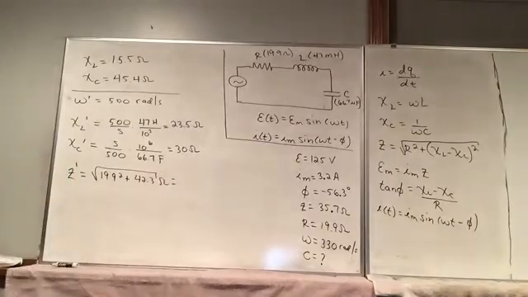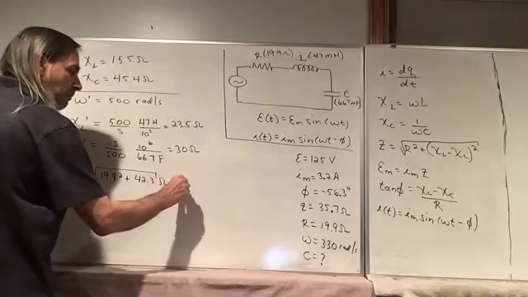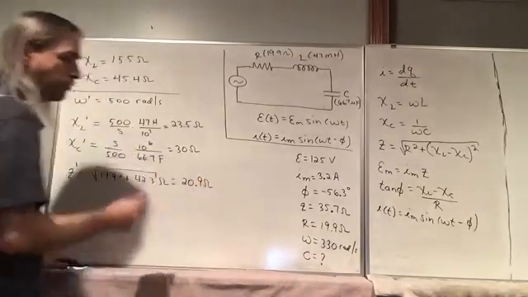So the impedance will change as well. So I'm going to take the square root of 438.3. So now I'm getting 20.9 ohms.